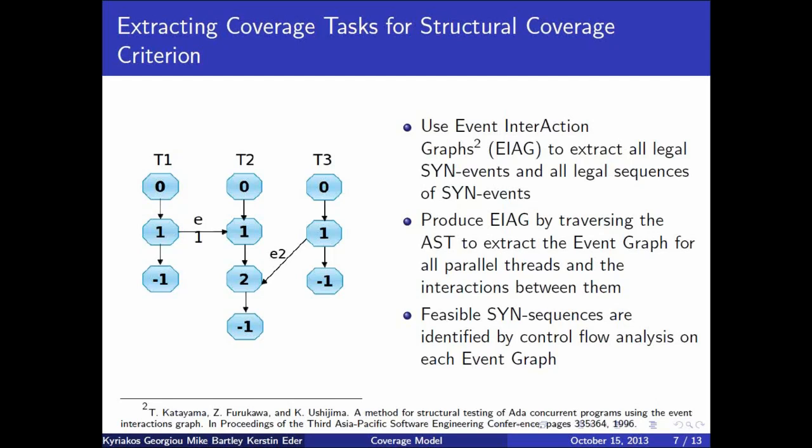Then we traverse that graph in order to extract all the feasible sync sequences. It's important to say that, due to the lack of program semantics, you will probably need some user input to identify all the feasible sync sequences or feasible sync events, because by static analysis and control flow analysis, you can come up with some cases that are not feasible.